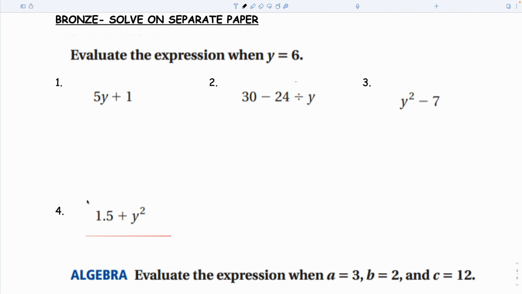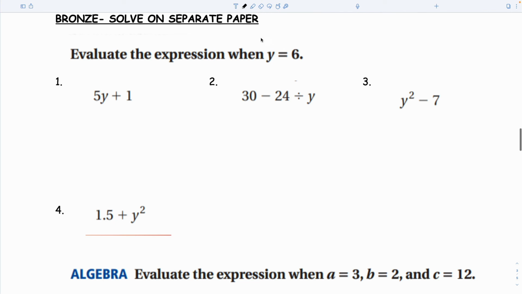Number 1, 2, 3, and 4 look like they don't really have a number for y, except for this first one. If they give you one value of y and then list a set of problems, you're using 6 for y for everything in here.